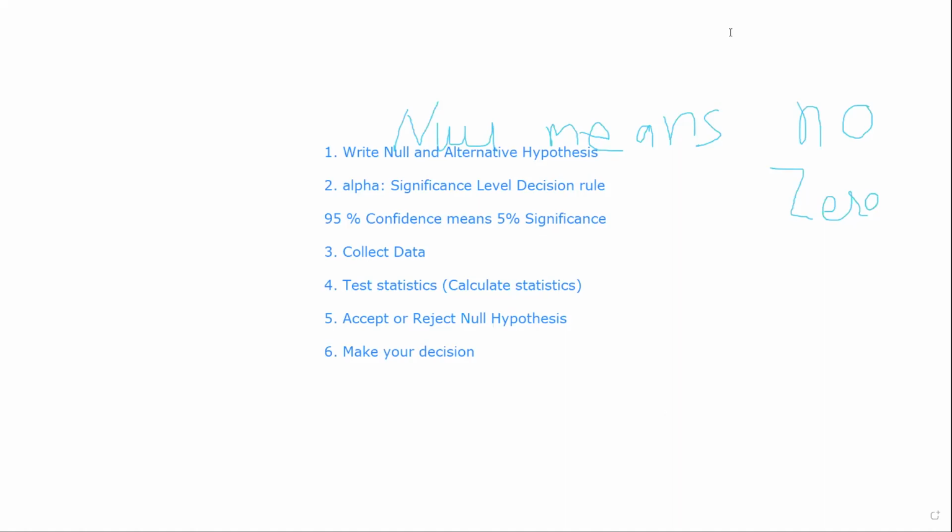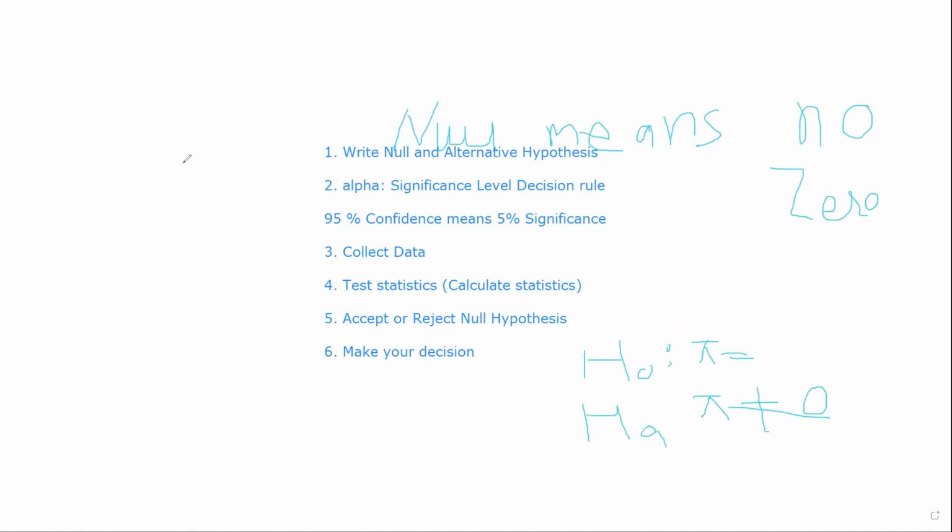H0: pi equal to whatever, or pi not equal to, so this is the alternative.